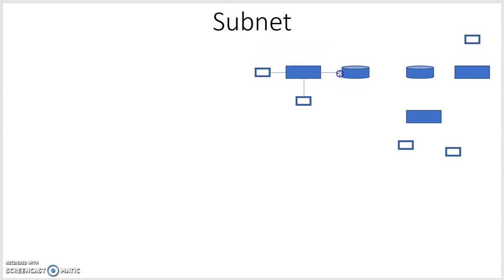Let's connect this switch to the router. Let's connect this router to this router. Let's connect this router to this switch. Connect this computer with this switch. Let's connect this router with this switch.